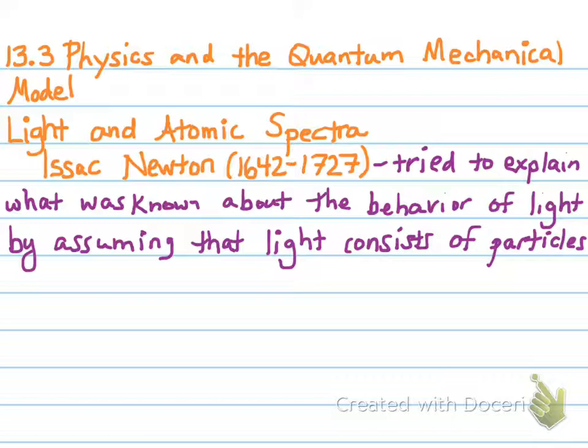So he kind of said, if you don't see light, it's because there aren't light particles reaching your eye. When you do see light, it's because light particles have reached your eye. Okay, so Newton thought that light was made of particles.